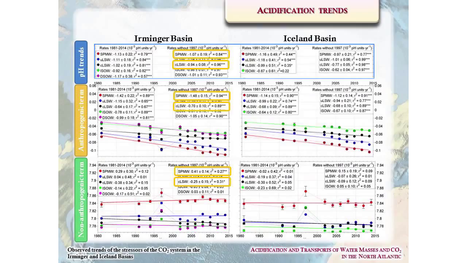The decomposition of pH into the anthropogenic and non-anthropogenic components allows inferring the possible causes of the pH changes that we observe. I'm only going to explain the trends that have a significant trend for the non-anthropogenic component.